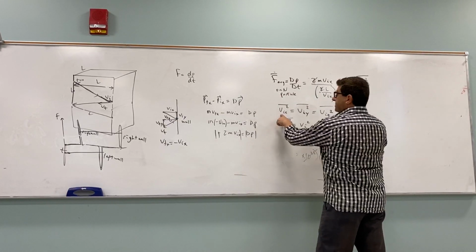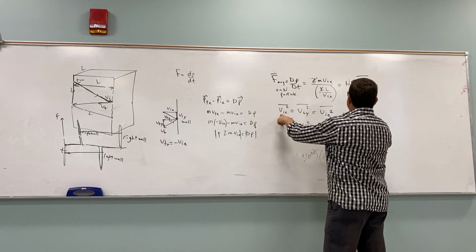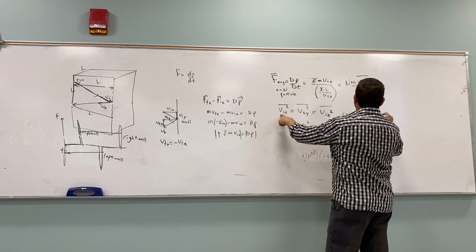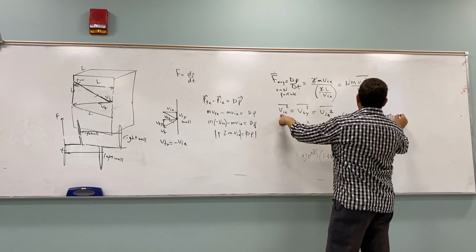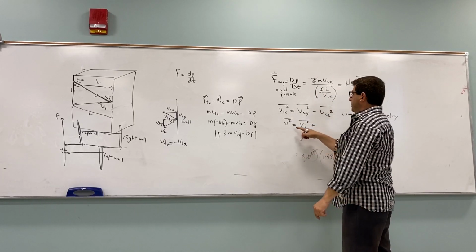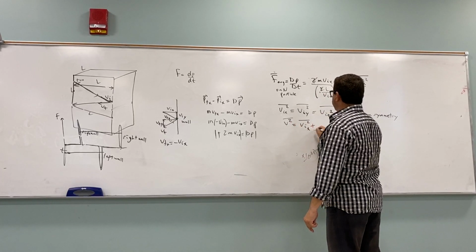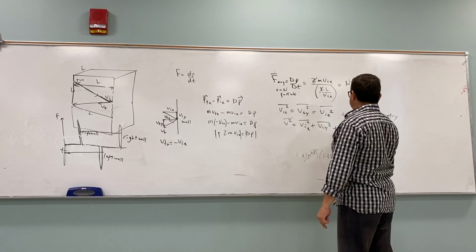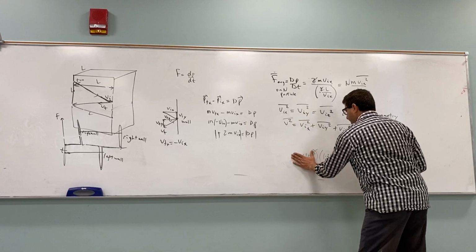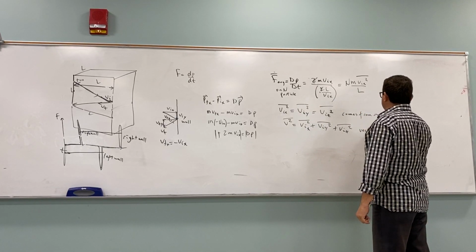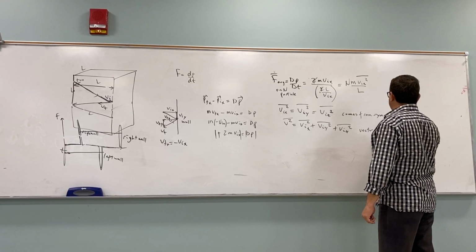So this comes from symmetry. But this idea comes from just vector addition. V squared is equal to v initial x squared plus v initial y squared plus v initial z squared. So this is just simple vector addition, vector addition in 3D.